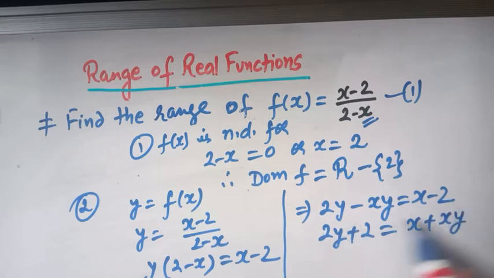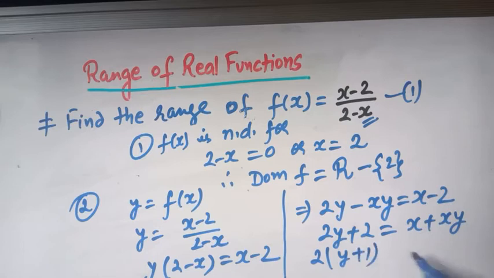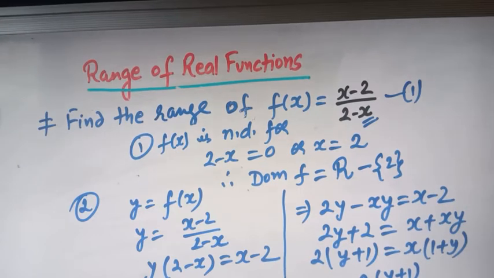By rearranging this equation, we have x common here, x times 1 plus y. So what is x? x is 2 multiplied by y plus 1 over y plus 1. Clear?